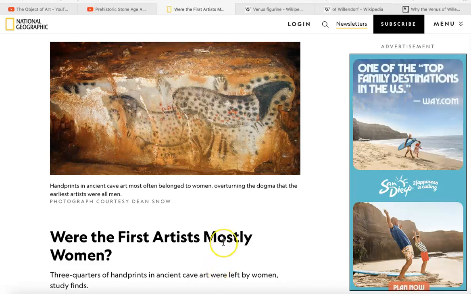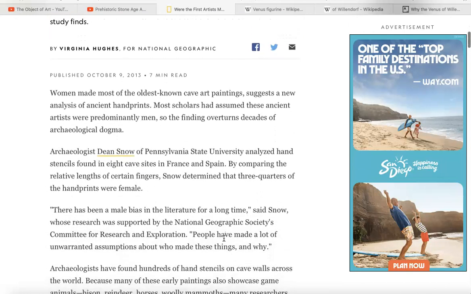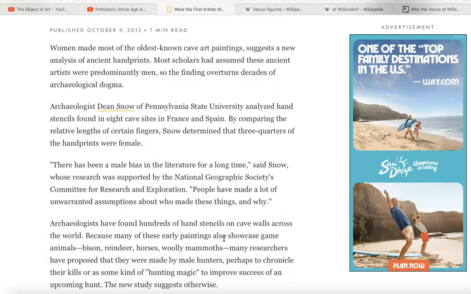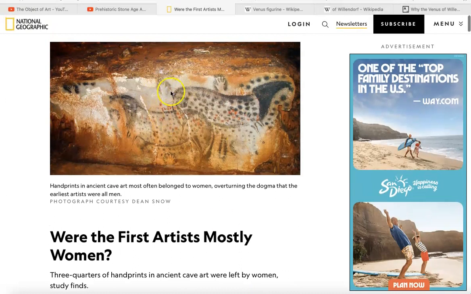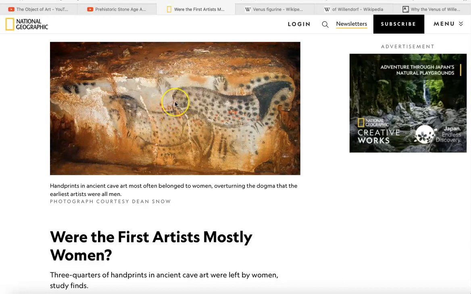And to think that those depictions were created by women, when we thought they were created by men for the longest time. As it says here, women made most of the oldest known cave art paintings, suggests a new analysis of ancient handprints. So what this article tells us is that somebody took these handprints, I think this is Lascaux, I'm not sure.